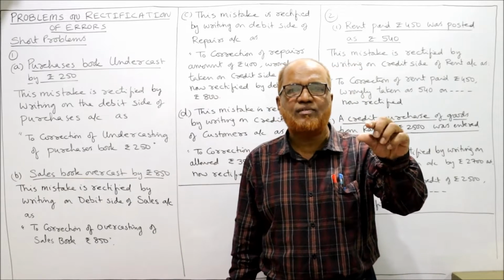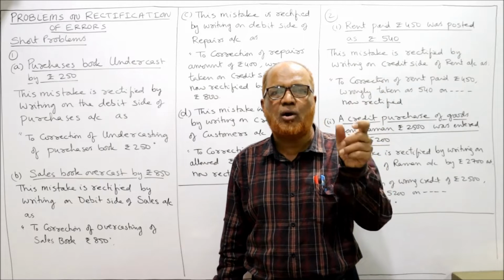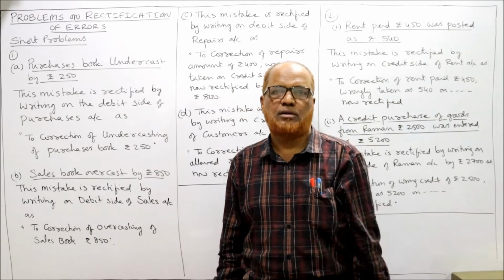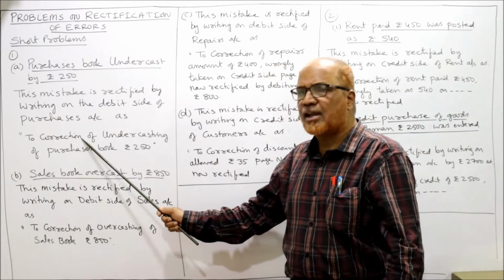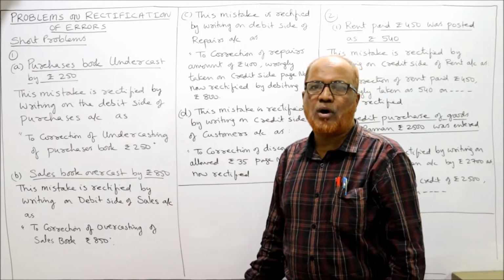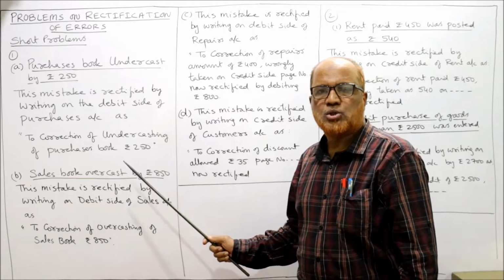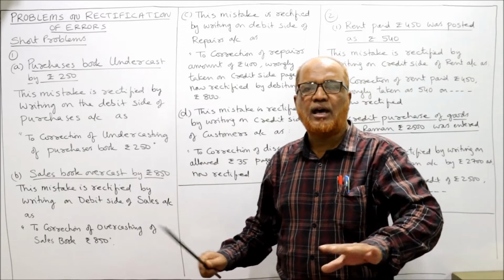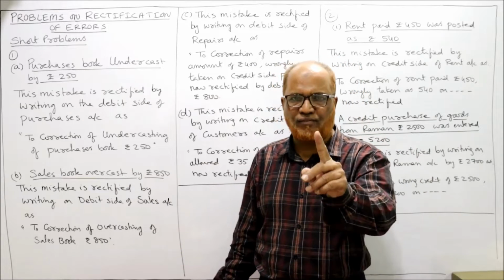Just one sentence we have to write on the debit side of purchase account. What sentence? Correction of undercasting of purchases book on so and so page. So if we write the complete information, the error will be rectified. This is the first case.